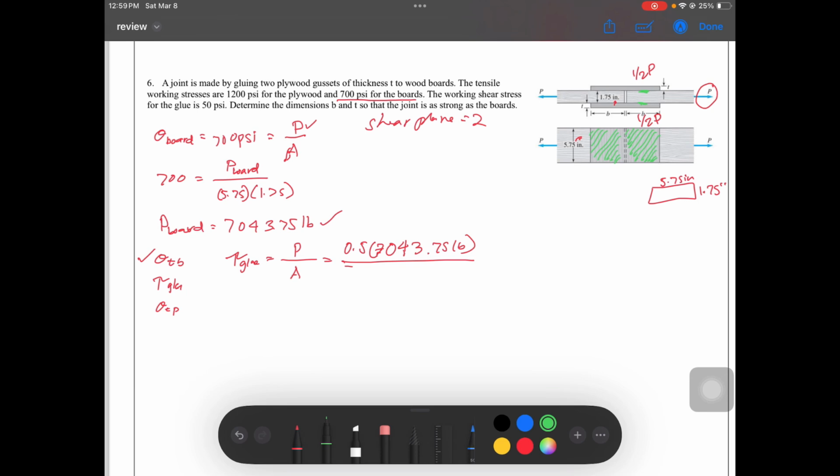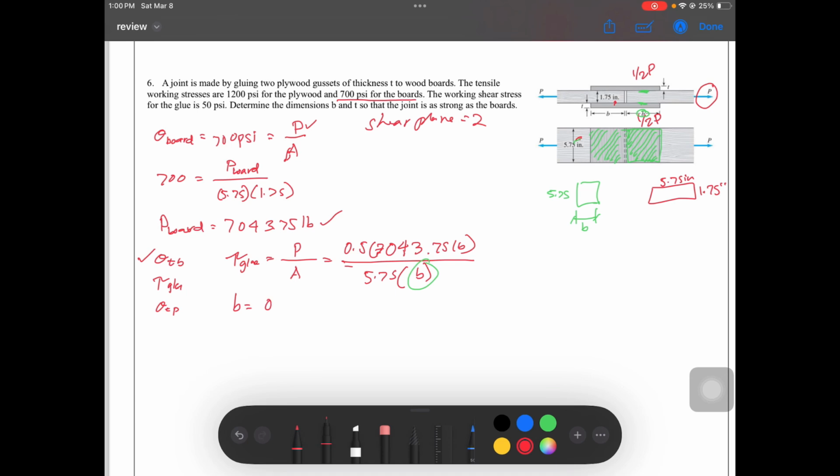So, our area is itong area na to, 5.75, and si B, which is missing. So, it is 5.75, and then B. B is the only unknown, so we can isolate.